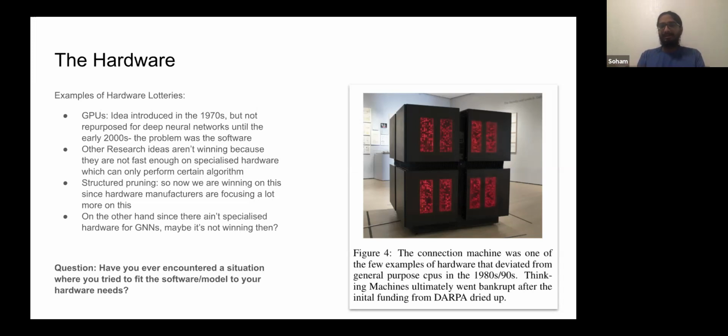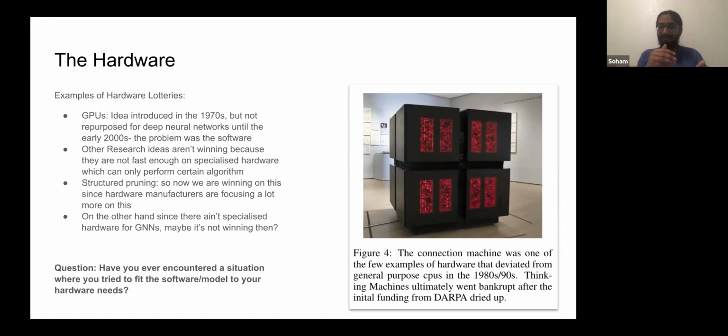And many other research ideas were not winning, because they might not have been fast enough on CPUs, which have some disadvantages. For instance, CPUs can do only one task at a time, and other hardware like GPUs can do a lot of tasks at the same time.